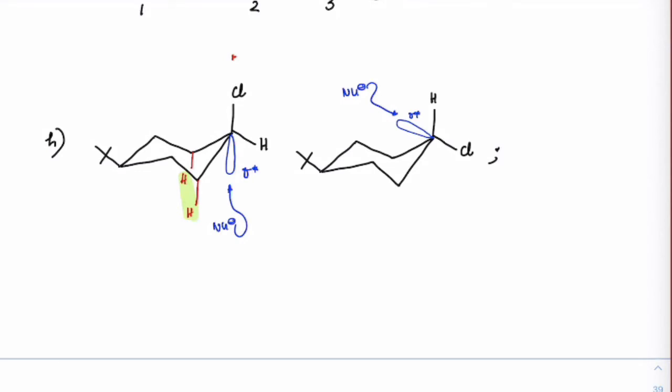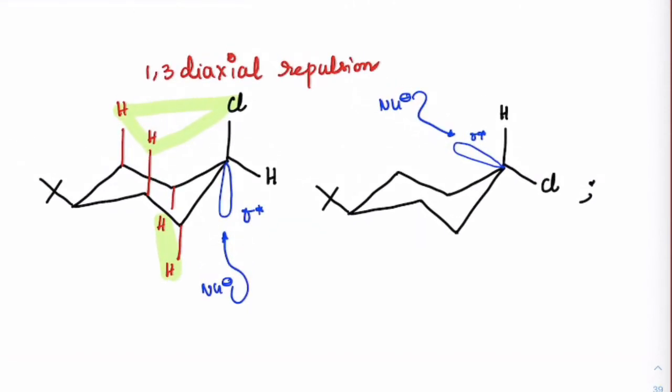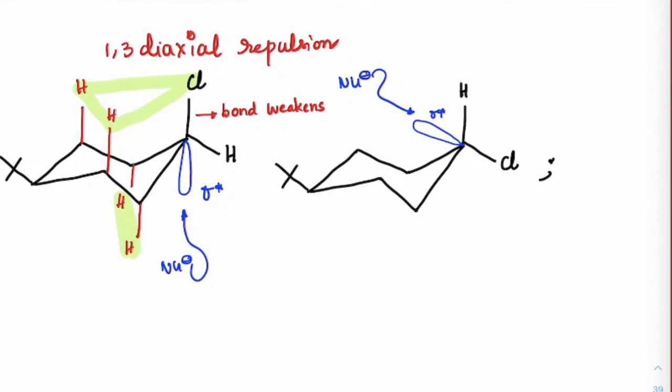Now these diaxial hydrogens are present on this side also, H, H, and they will give a repulsion towards this chlorine, right? So these three will repel with each other, what we call 1,3 diaxial repulsion. Now due to 1,3 diaxial repulsion, I can say this bond weakens, which is not the case in equatorial chlorine.